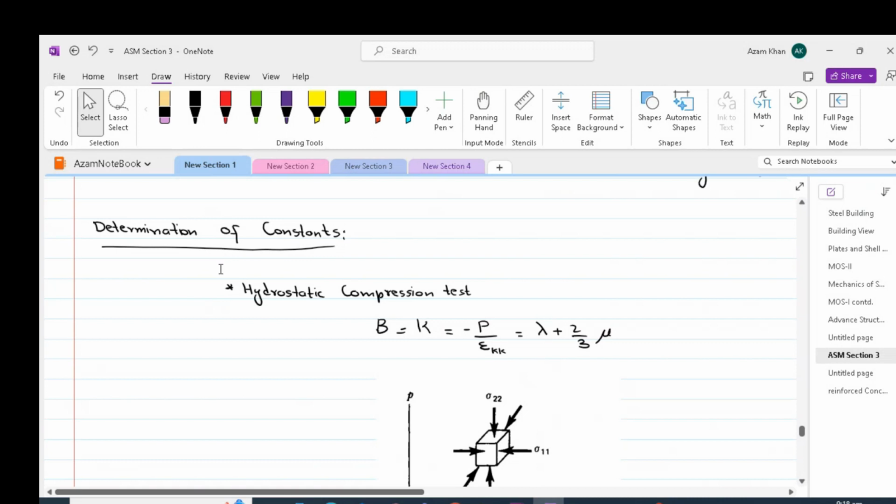So we will discuss three different types of tests just to give us some idea how to determine these constants. The first one is a hydrostatic compression test. Hydrostatic compression test is commonly used for soils, and it's also called a one-dimensional consolidation test.